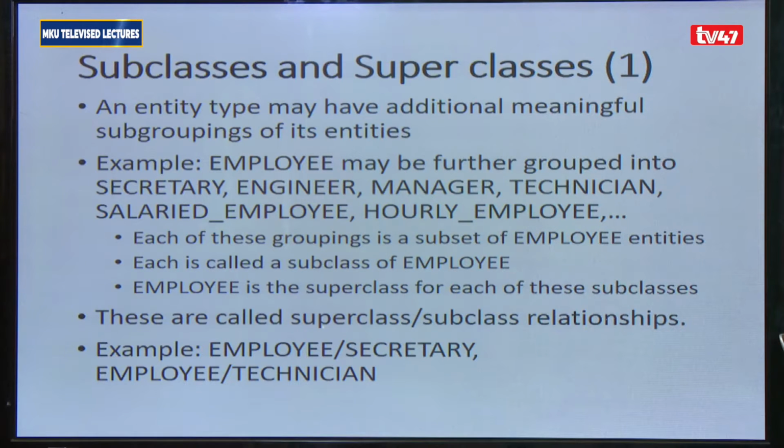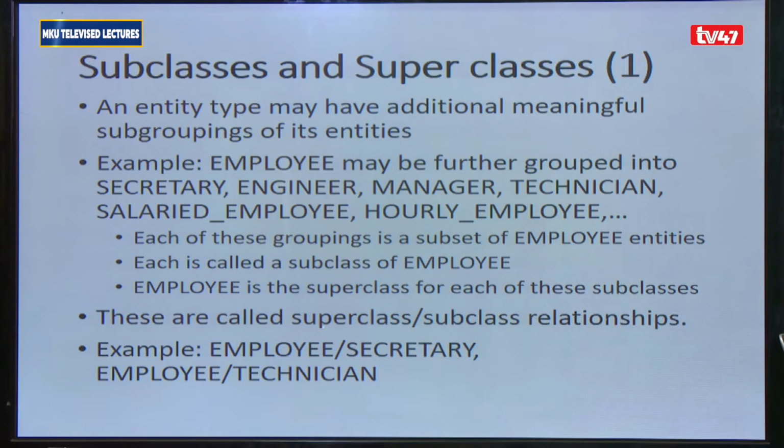In our situation as a university, we can have different types of students. We have full-time students, we have part-time students. All these are students. It's only that we are subdividing these students from the main category, which is student. They are all students, whether full-time or part-time.